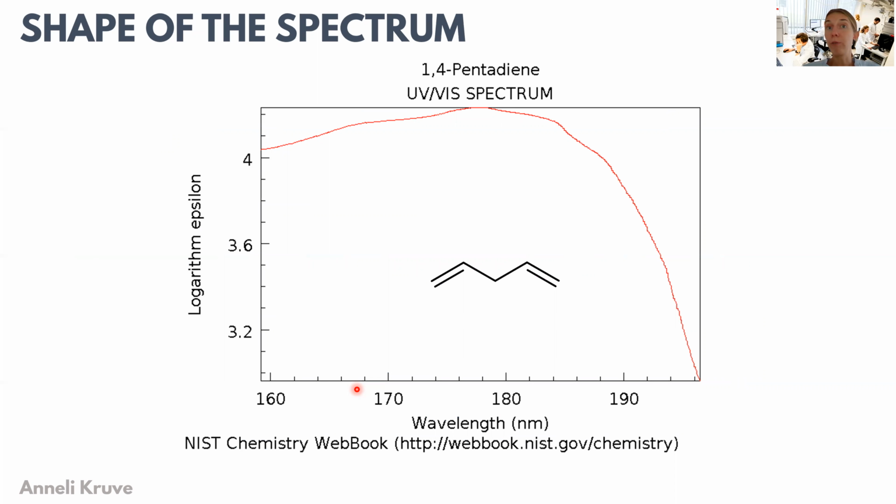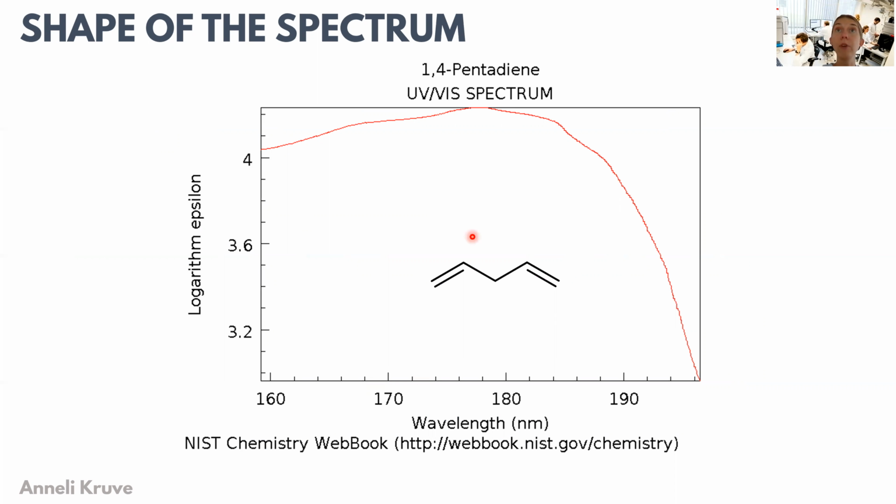Now let's look at a few examples. First is an example spectrum. All of them come from the NIST web library, and you can visit the NIST web page to look at multiple compound spectra to see how they generally look.